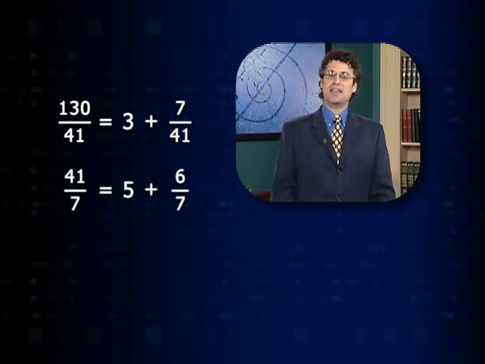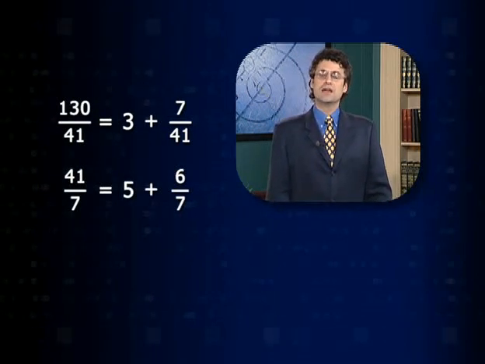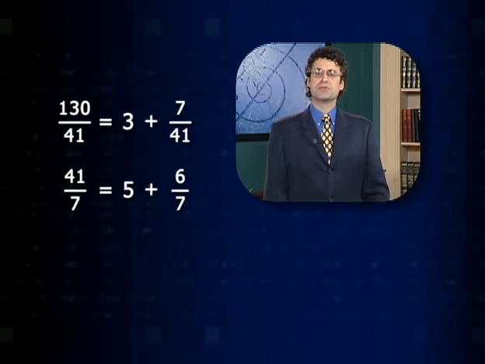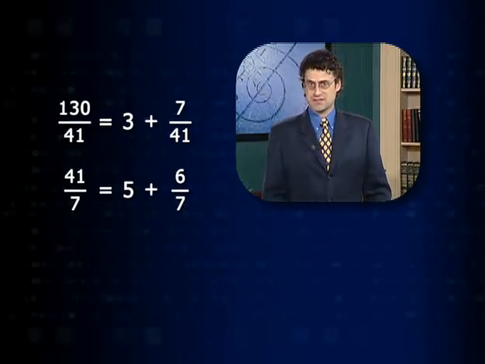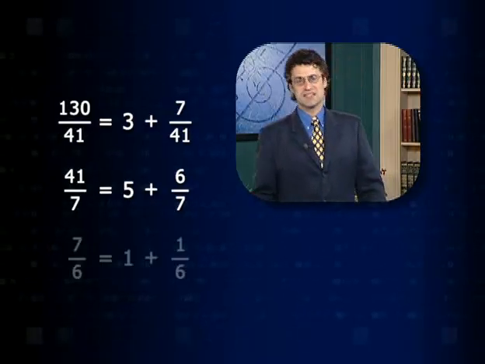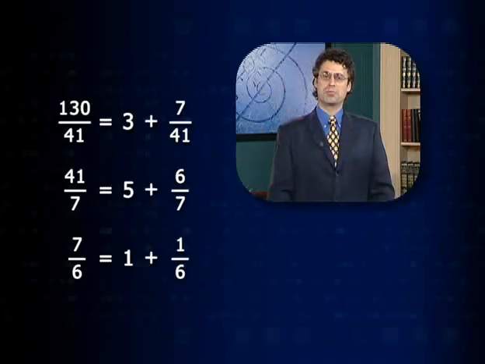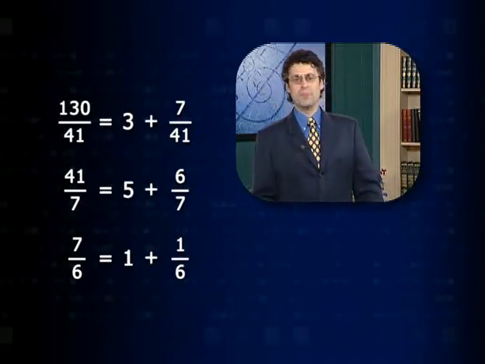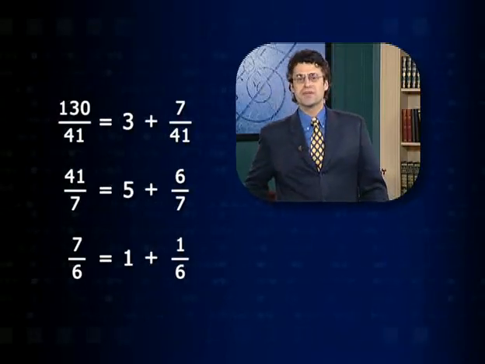Take that next line and divide through by 7, and we see 41 over 7 equals 5 plus 6 sevenths. And finally, in the last equation, if we divide through by 6, we see 7 sixths equals 1 plus 1 sixth. Well, we suddenly see some amazing structure.